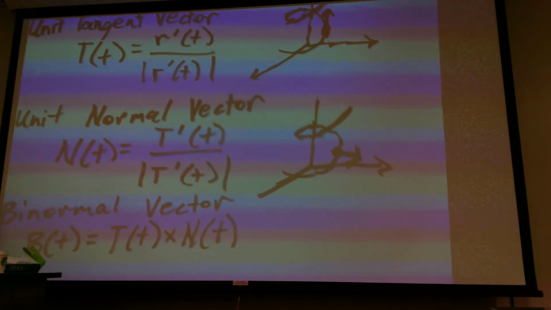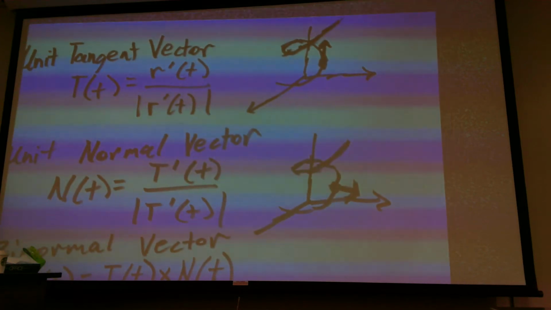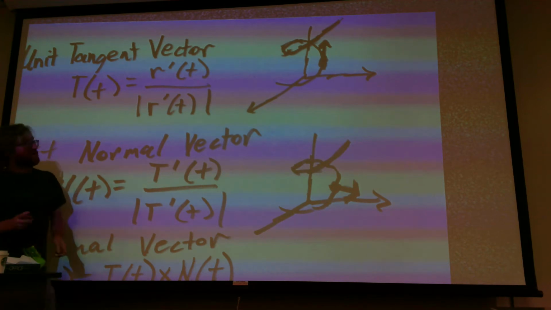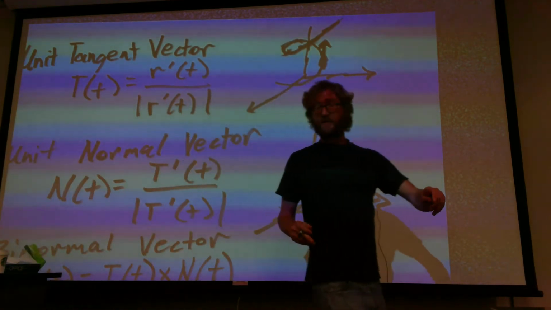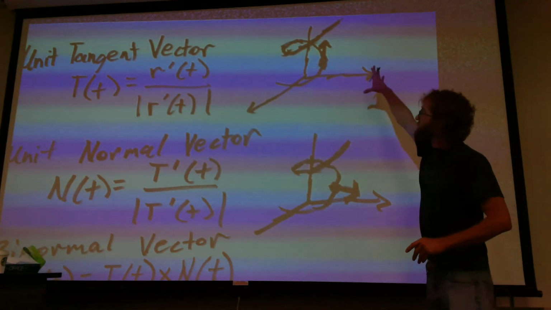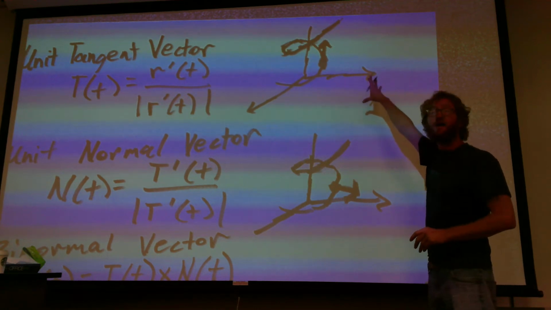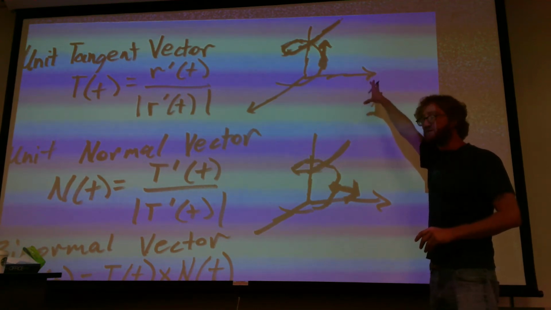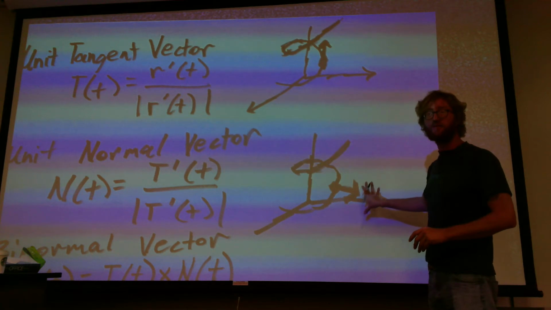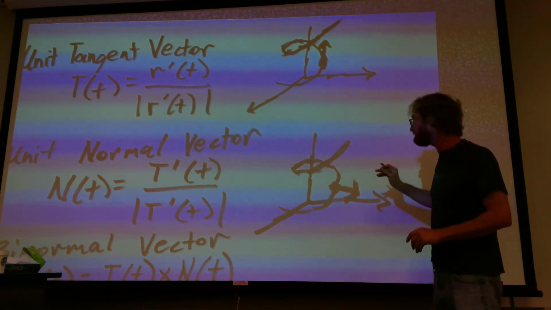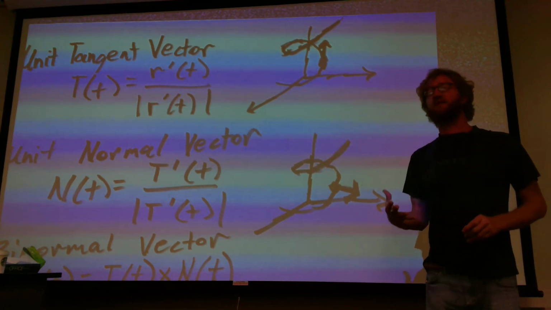So the difference between the unit tangent vector and the unit normal vector is that this one is going to be perpendicular to the curve, whereas this one is going to be tangent to the curve. Corresponding with the slope, this is corresponding with perpendicular. But this is three-dimensional space.